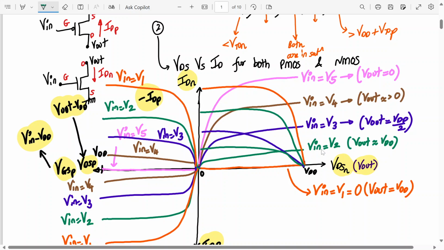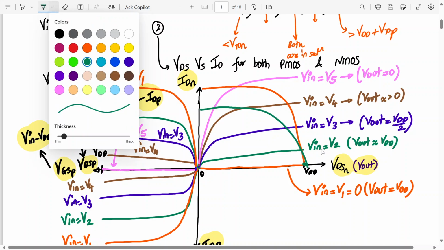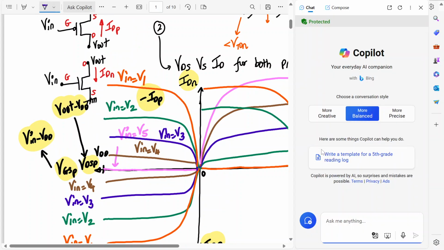Alright, sorry, not over here. The green one will be, this is, let me draw this again. This is the green one. Okay, all of them will meet at VDD. They'll start from VDD. Then the blue will come.